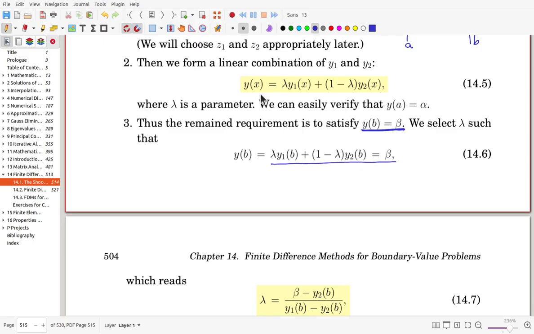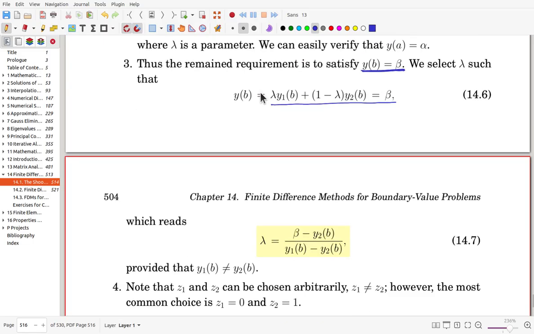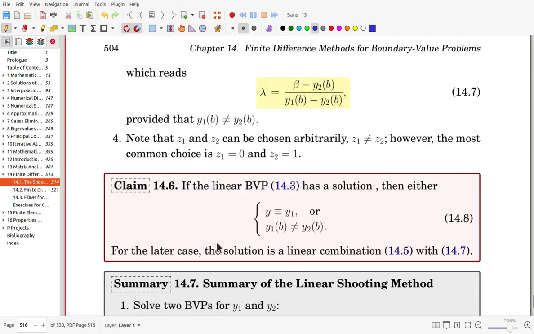So its idea is simple. Here we have a claim. This is the theory for the linear boundary value problem.